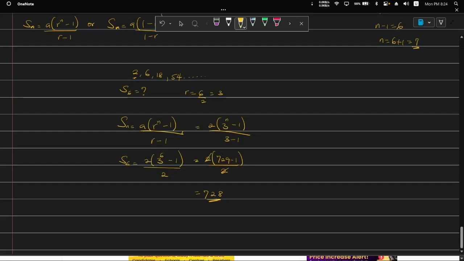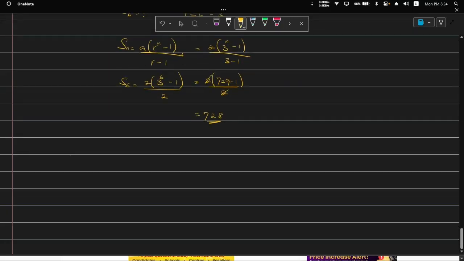Let's take another question. Here we are given another sequence: 1 over 2, 1 over 4, 1 over 8, 1 over 16, and so on.